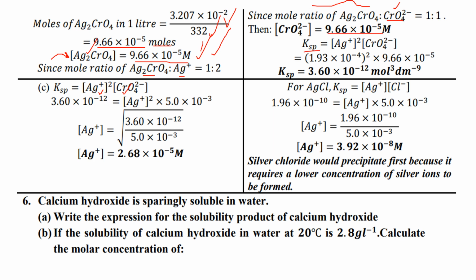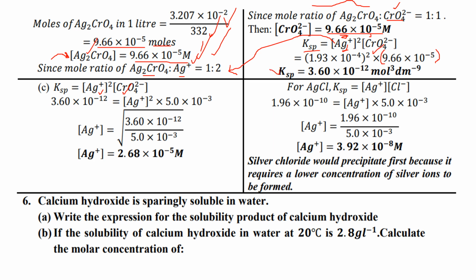Now we find Ksp by substituting for the molar concentrations that we have calculated. For silver, we have already calculated it in the previous board, which was twice the molar concentration of this. So we substitute what we have got. Silver ions, we got 1.93 × 10^-4, raised to power 2, multiplied by the molar concentration of the chromate ions, which is the same as the molar concentration of the silver chromate.